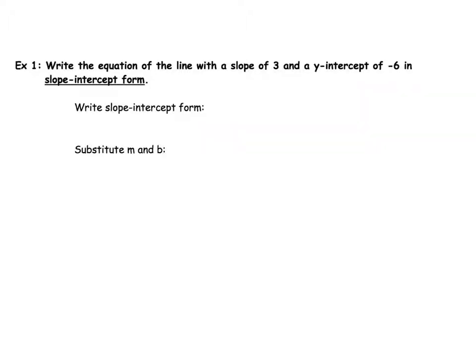So an example of writing an equation of the line with a slope of 3 and a y-intercept of negative 6 in slope-intercept form would follow this format. We know that slope-intercept form is y is equal to mx plus b, where we substitute in our m and our b.